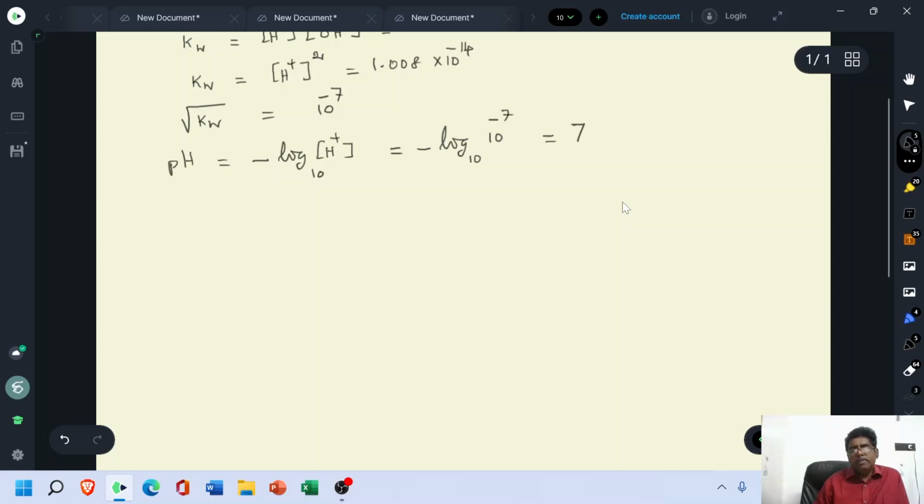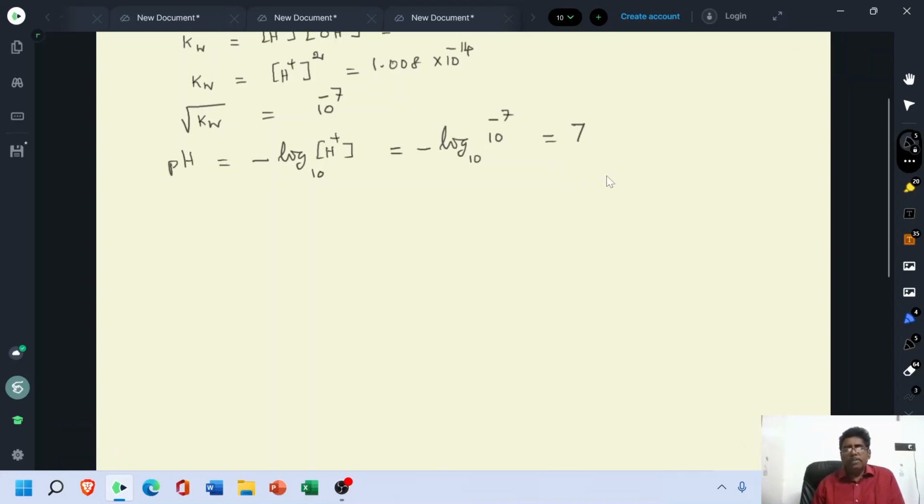This is equal to 7. If this minus comes forward, minus into minus plus, then log 10 base 10 is equal to 1. So the value is 7. You know that the pH value of water is 7.